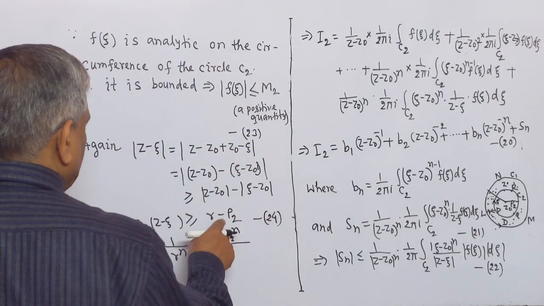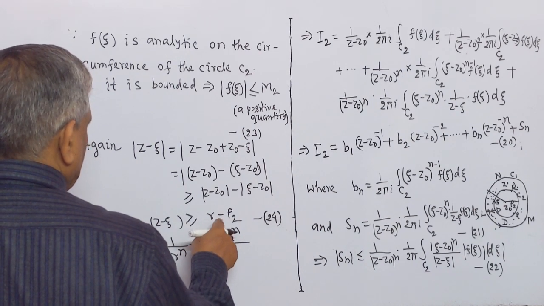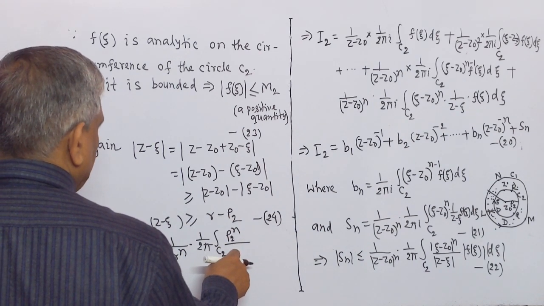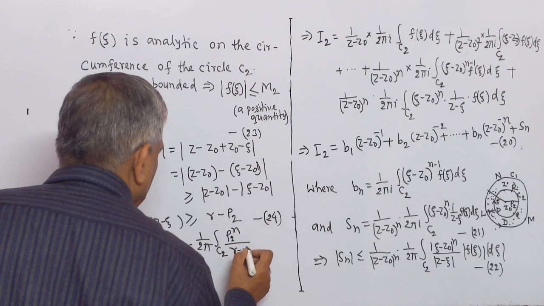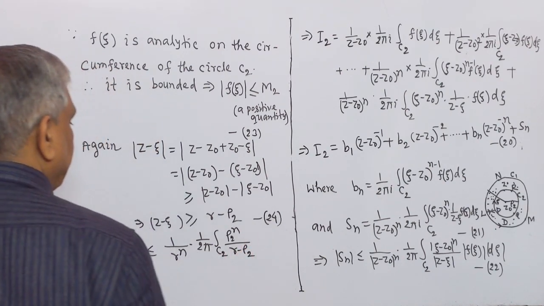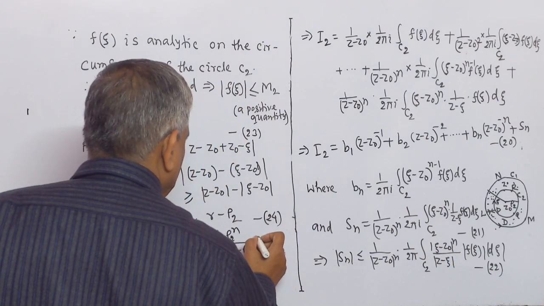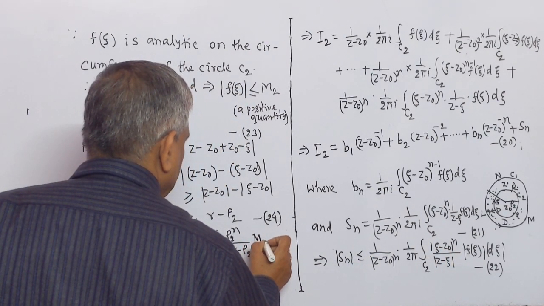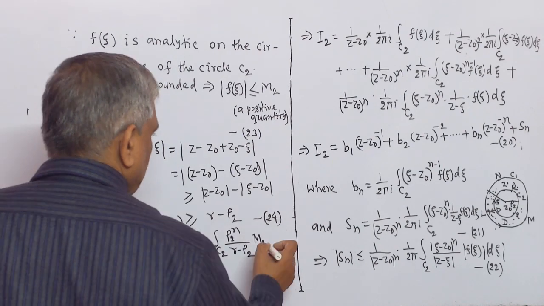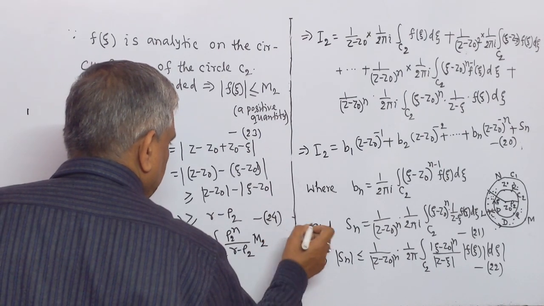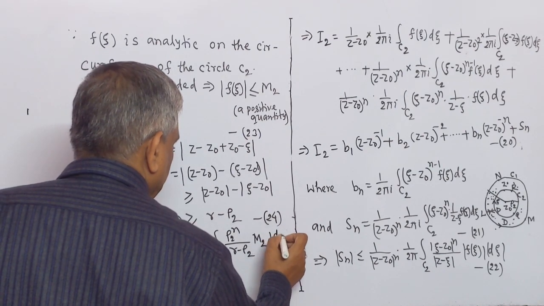This is greater than this quantity. So if we write here the lesser quantity r minus rho 2, the right side will be greater, and modulus of function of xi is less than equal to m2 and modulus of d xi.